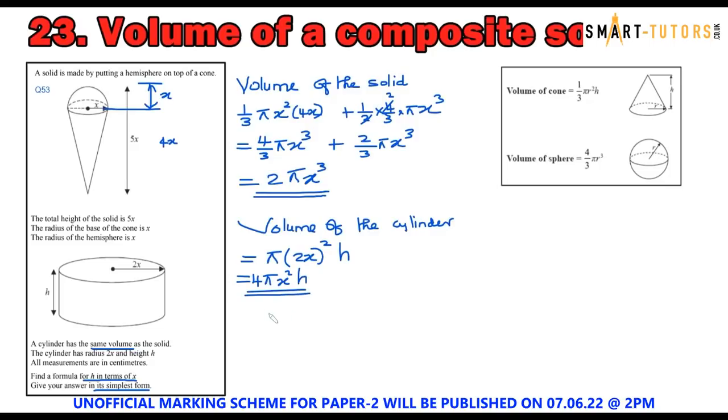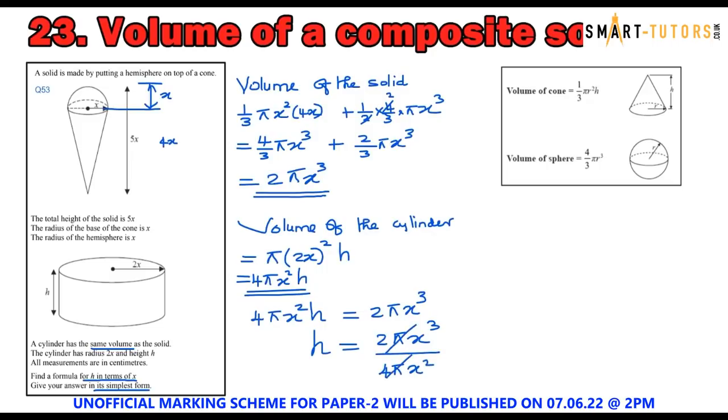So now we are going to equate 4 pi x squared h, which is the cylinder's volume, equal to 2 pi x cubed. We are going to make h the subject. So 2 pi x cubed divided by 4 pi x squared.